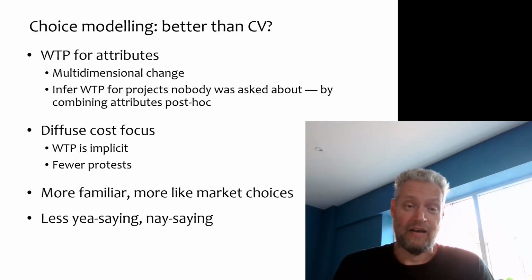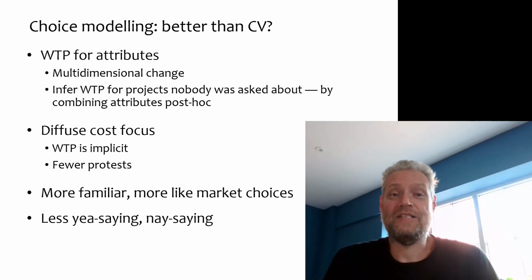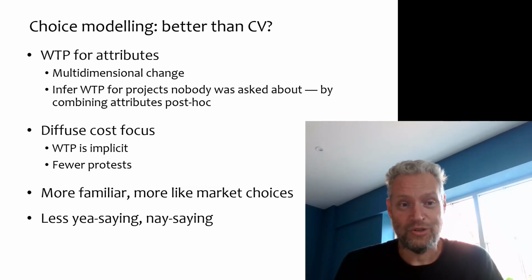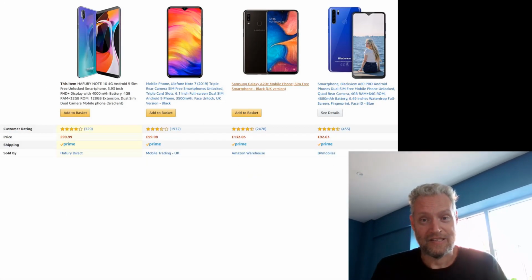Another good thing, I think, is that choice modeling is much like you would do on the market. And I started with this example of buying a mobile phone on Amazon. This is what you do all the time. This is how you make choices about buying whatever, be it a mobile phone or a box of cereals or insurance.